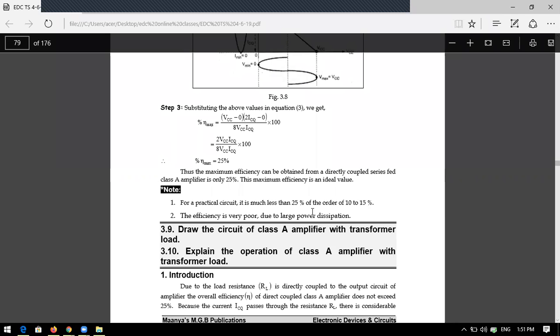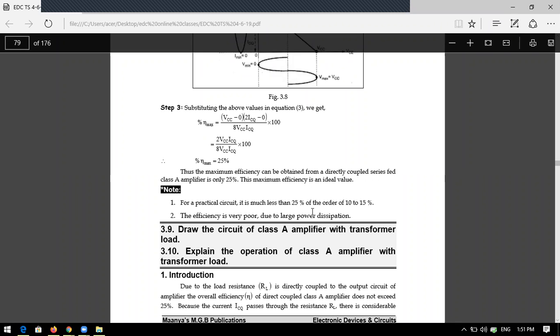The efficiency is very poor due to large power dissipation. If you give 100 watts, you get only 10 to 15 watts, so 80 to 85% of the energy is lost as heat. That is the wastage of power.